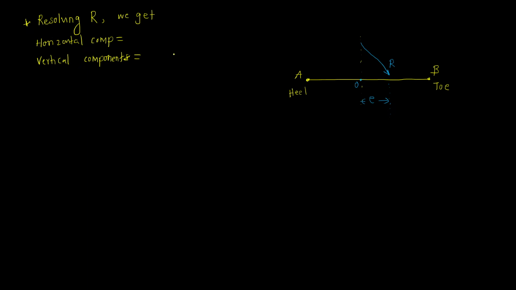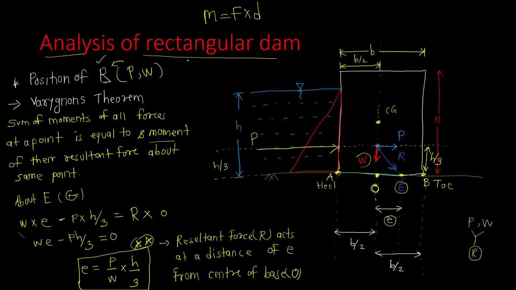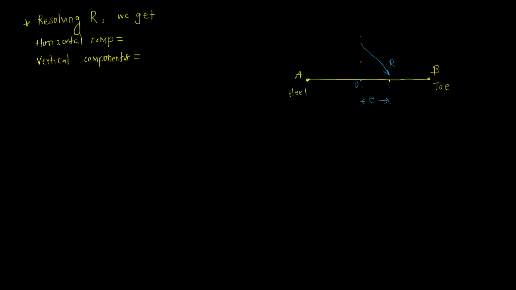Okay, see, initially what we did, we took the resultant force of P and W, which is R. Now again what we are doing, we are resolving the force at E, the resultant force at E. So it will also get resolved into two components. One will be horizontal and one will be vertical.